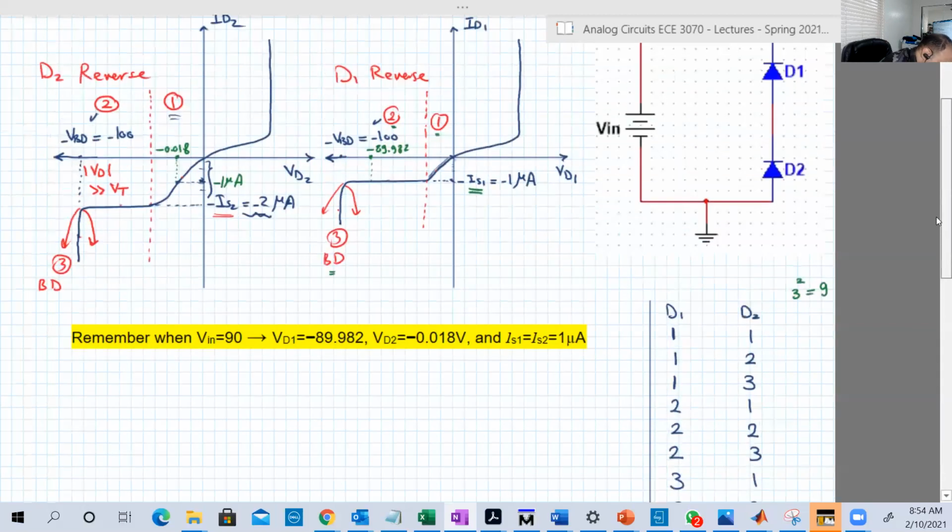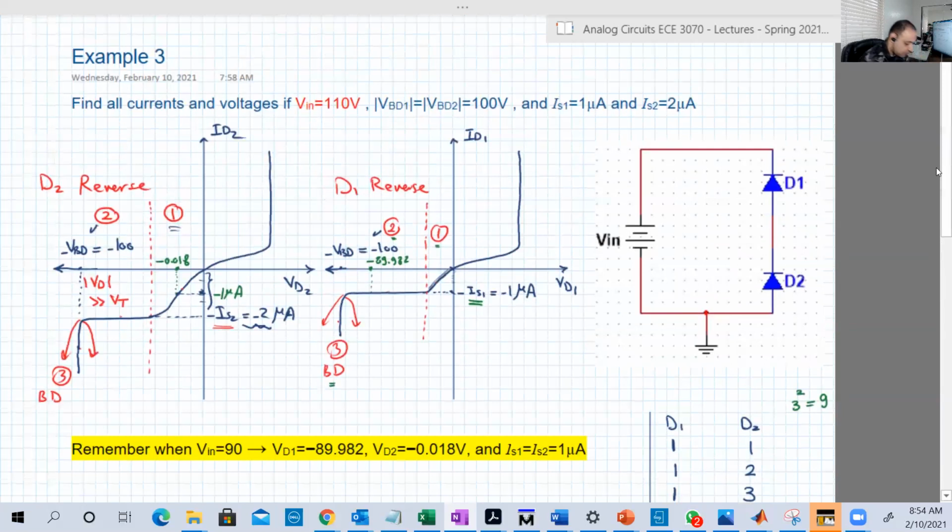So our key here is that basically this is still reverse bias. At the same time, we knew the operating point for each diode when the input was 90 volts. VD1 was minus 89 point something, and the other one was just 18 millivolts, very far away from breakdown.